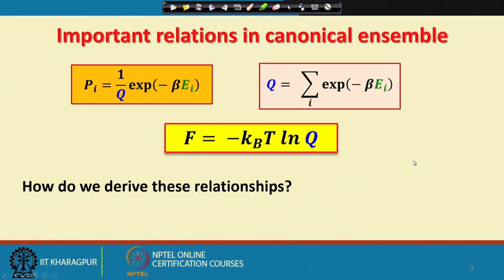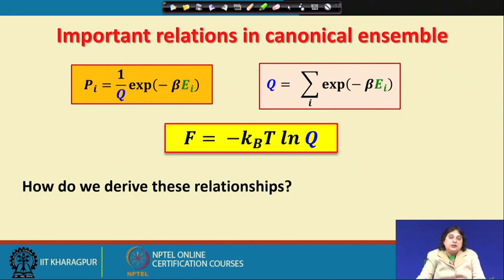So, in conclusion, I would say that we have now come across three very important relationships as far as the description of canonical ensembles is concerned.